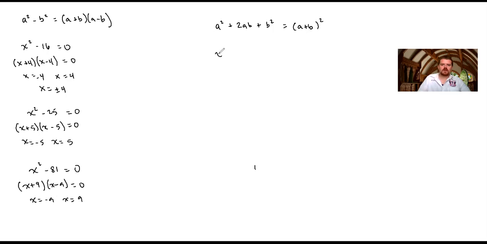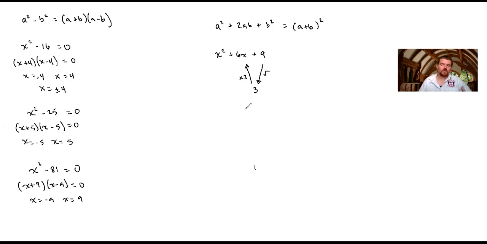So the pattern here is a little bit harder to see, but let's say I had something like x squared plus 6x plus 9 to start out. I notice that 6 and 9 are both multiples of 3. And so really the process, and we'll talk about this later also, if you take the square root of this 9 and you can double it, that means that this is a perfect square trinomial.